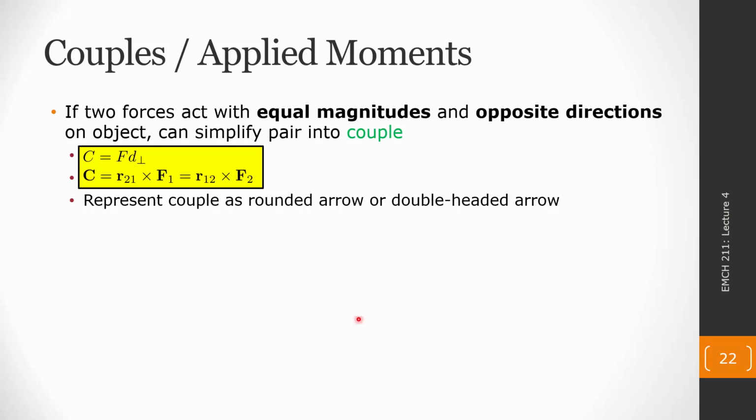When we're in 2D, we can use the scalar method, which looks a lot like taking the moment about a point. We can take the magnitude of each force in the pair, since they're going to have the same magnitude, that's F, and then multiply it by the perpendicular distance between the forces. When we are using the scalar method, we have to be aware is this pair of forces going to be causing a clockwise or counterclockwise moment or rotation of our object.